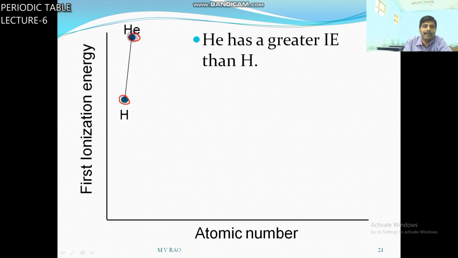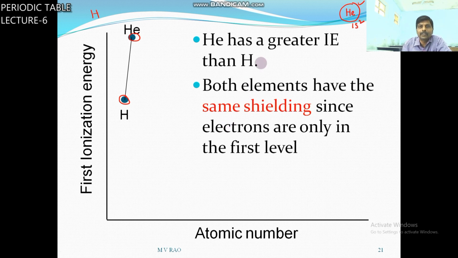Hydrogen to helium, IP value increases, left to right. That is because helium has 1s2 configuration, a noble gas. It has a stable configuration. Here electronic configuration also plays an important role. So helium has a greater IP than hydrogen.